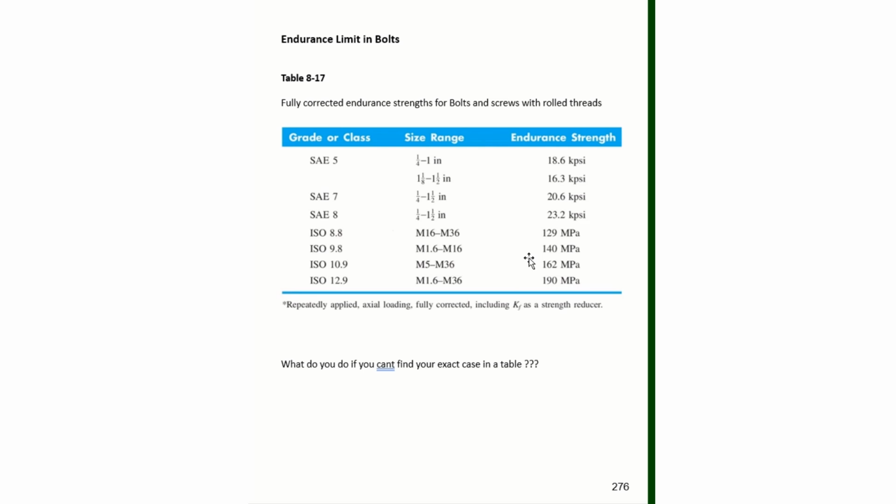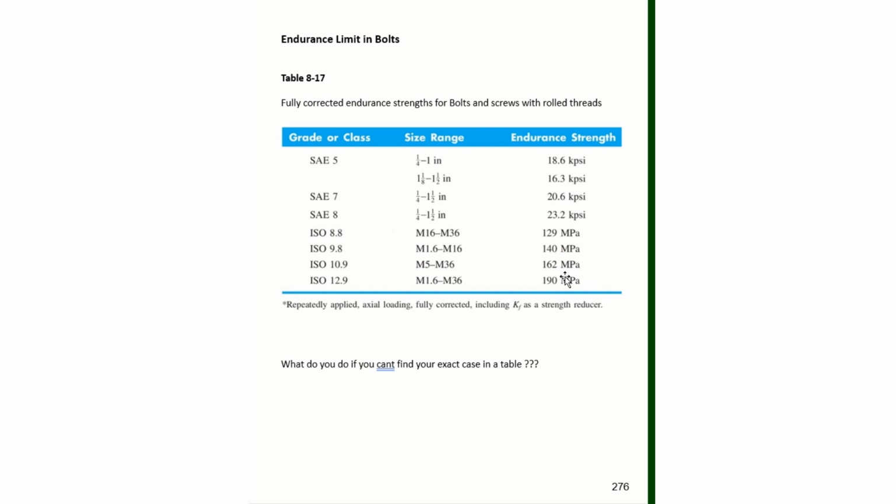Now, if you can't find your particular bolt grade or class in this table, what do you do? Well, you can extrapolate to some degree using these values. And for a homework problem, that may be what I would do.